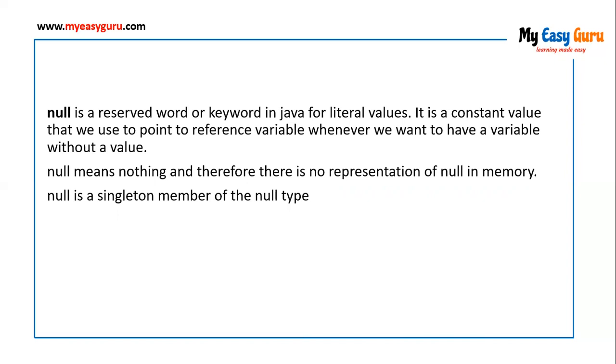It is a constant value that we use to point to a reference variable whenever we want to have a variable without a value. Null means nothing and therefore there is no representation of null in memory. Null is a singleton member of the null type.